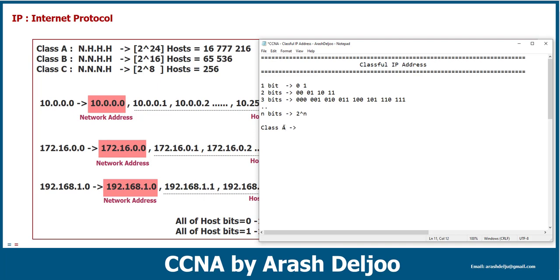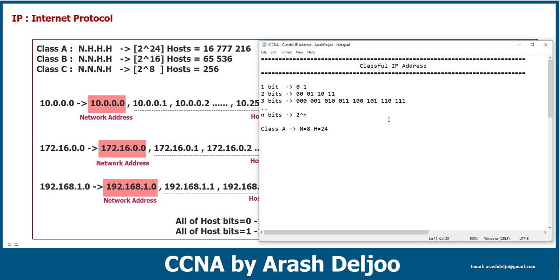You know that in class A, the network bits are 8 bits and the host bits are 24 bits. This means that in one class A network, we have 2 to the power of 24 states.